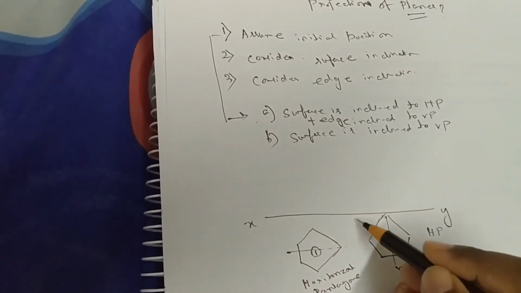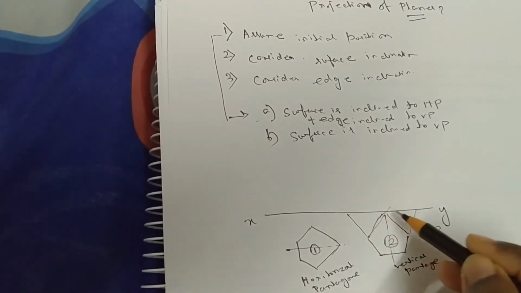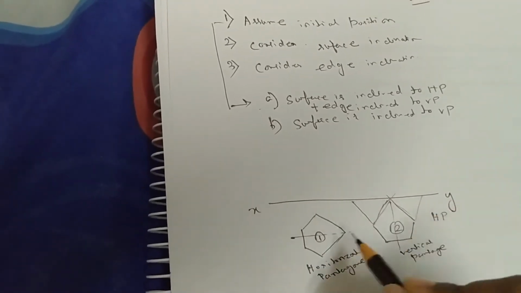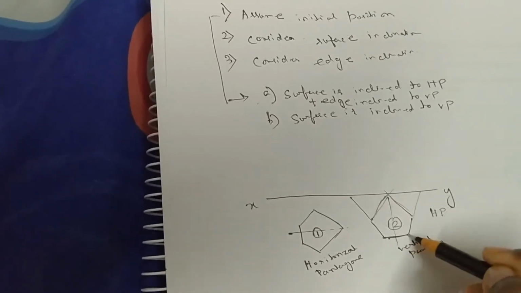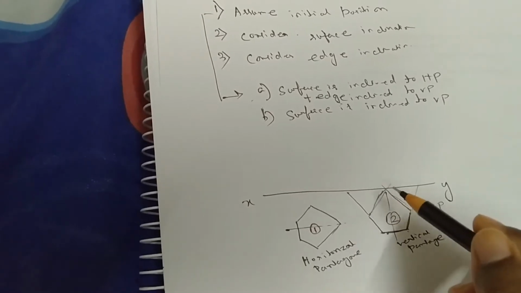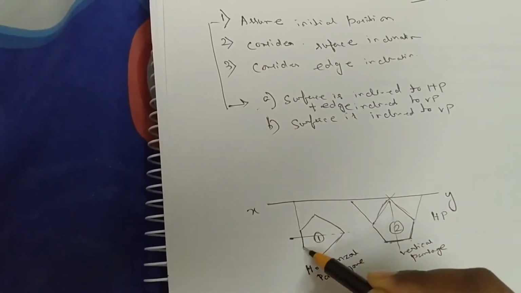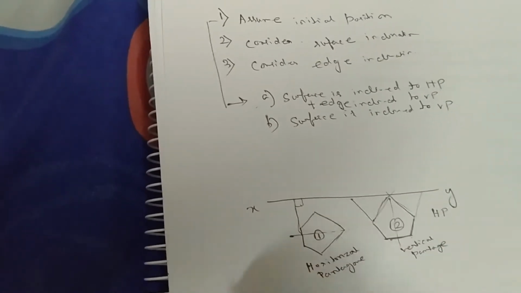In case 1, none of the edges make 90 degrees with this line. This side is obviously parallel, and the other sides make angles, but not 90 degrees. But in case 2, you can see this edge is making a 90 degree angle.